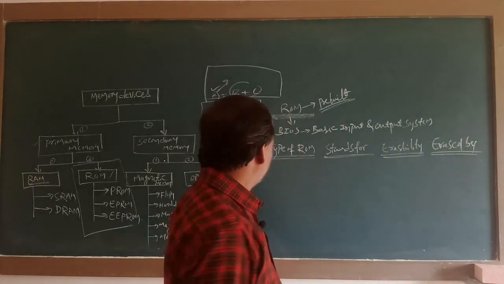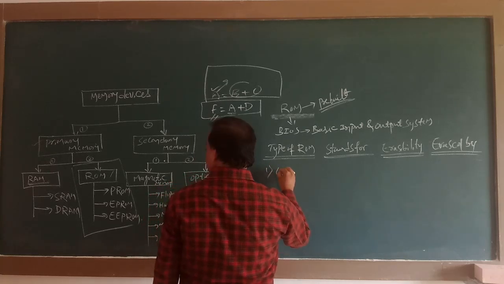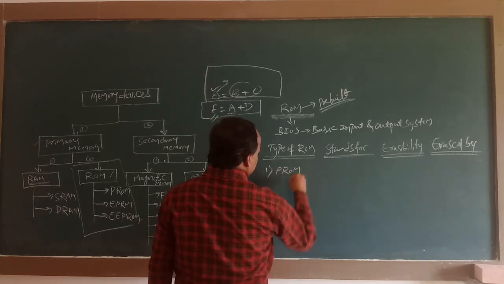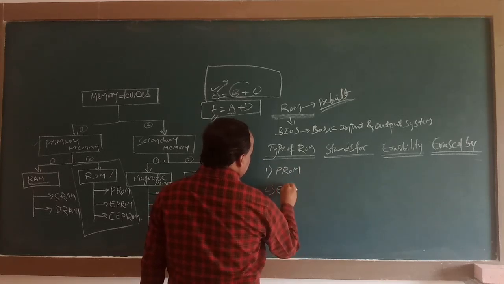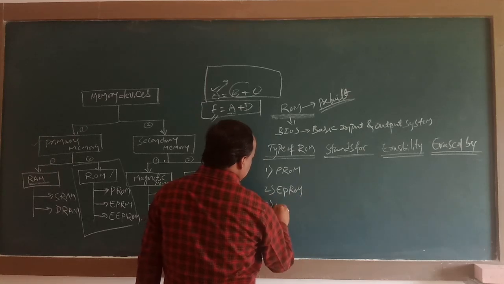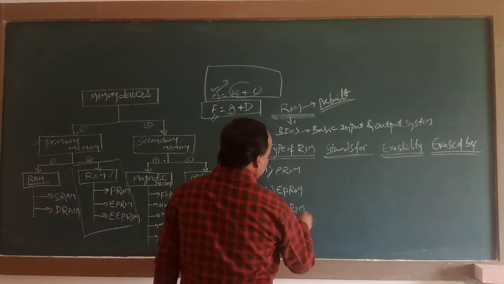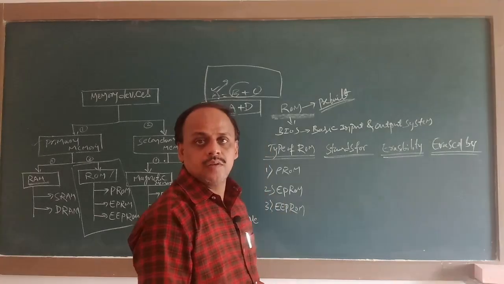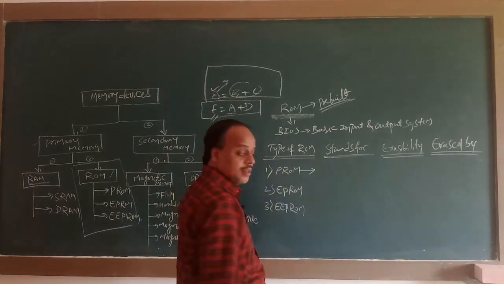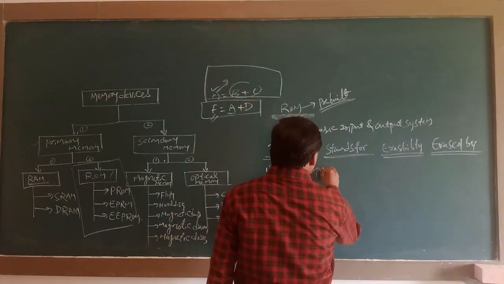Now let us see what are the types of ROM we can list. First one is PROM, second one is EPROM, third one is EEPROM, right? So this PROM stands for programmable read-only memory.